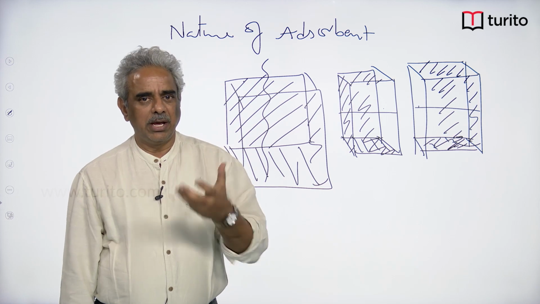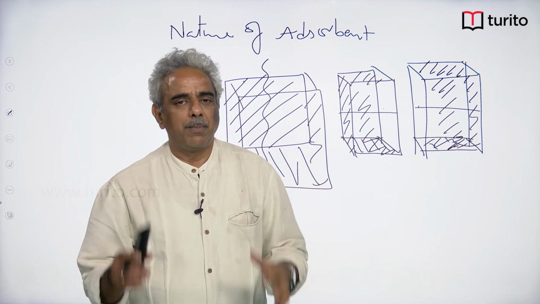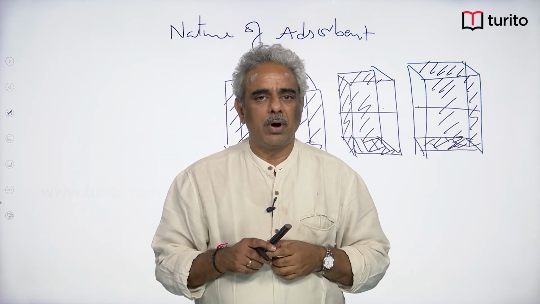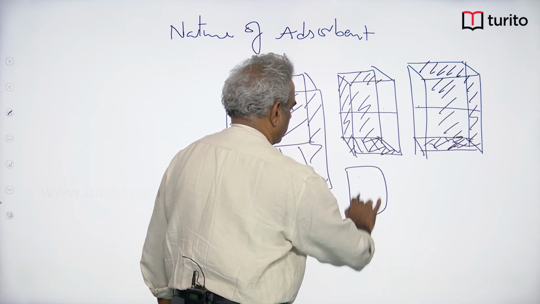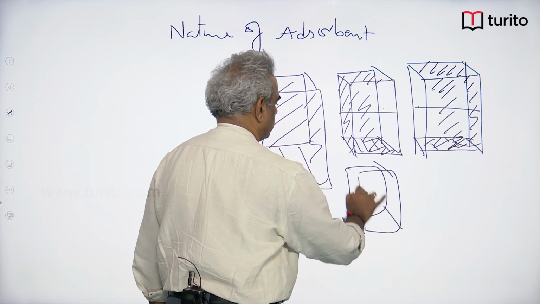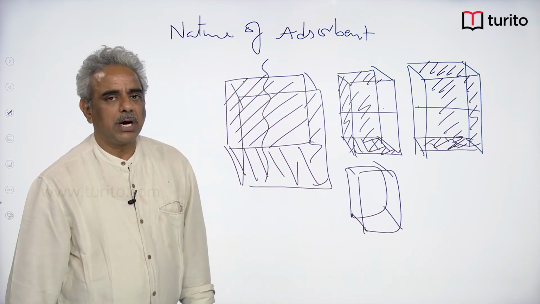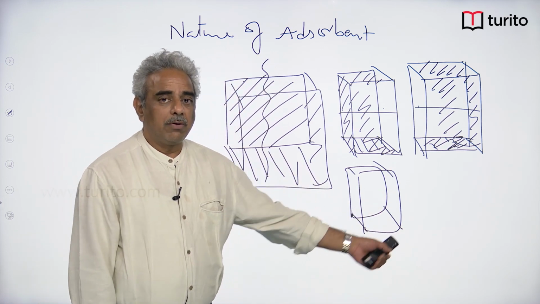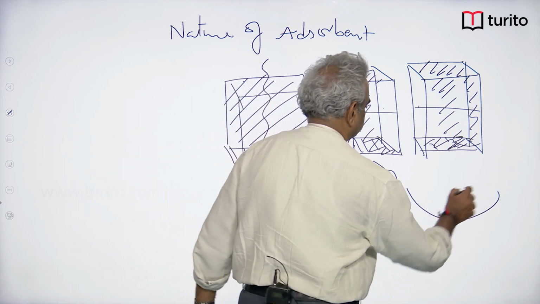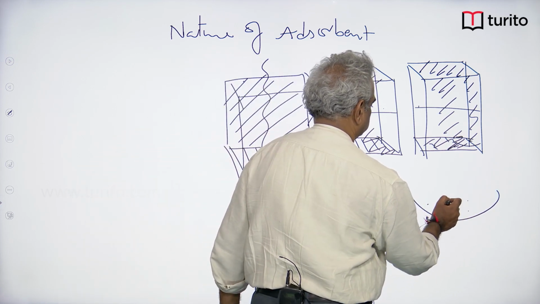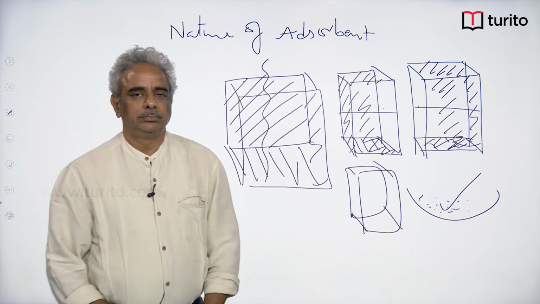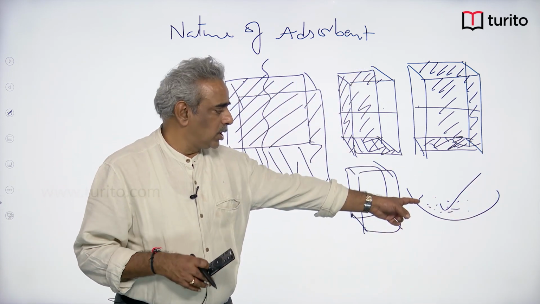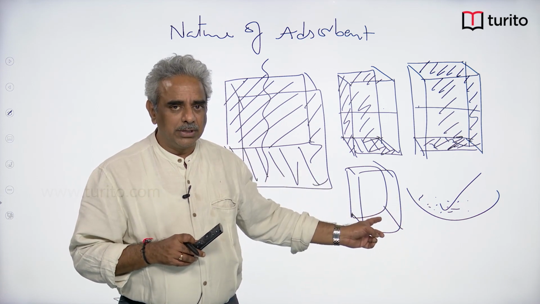Instead of being in a combined form, it should be in a divided form. So, if you have a nickel piece, that is not a good adsorbent. If you have nickel powder, this is a good adsorbent, because this has a lot of surface compared to this.